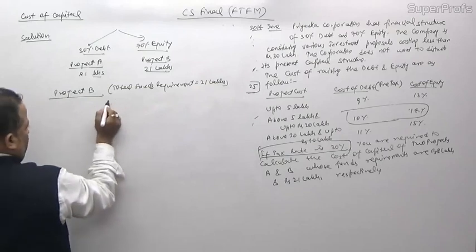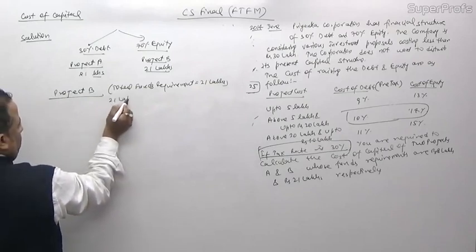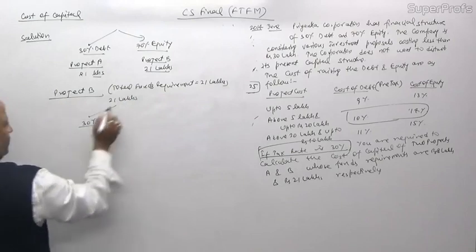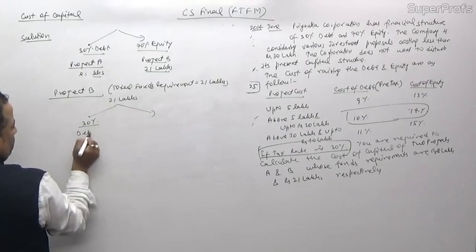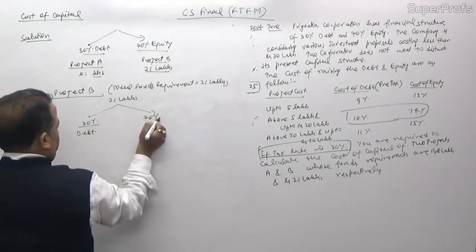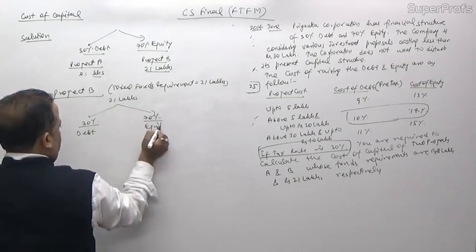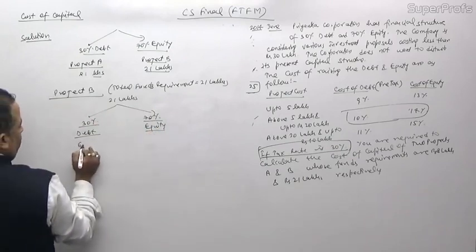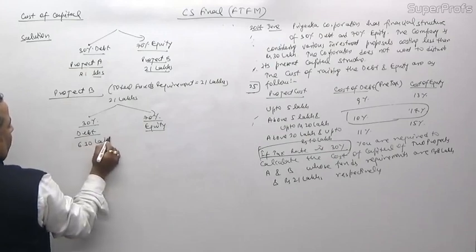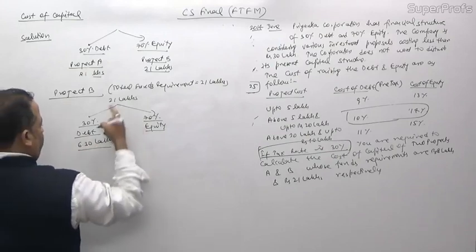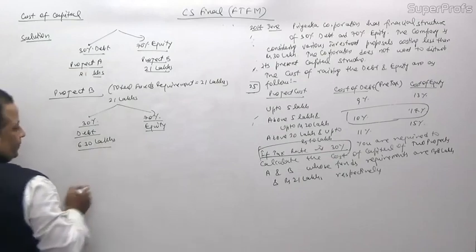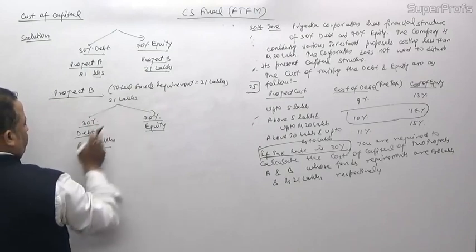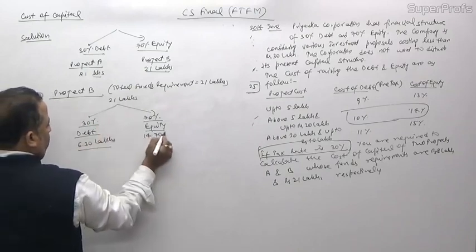Out of 21 lakhs, 30% is from debt and 70% from equity. So 30% of 21 lakh is 6.30 lakhs, and 70% of 21 lakh, that is 21 minus 6.3, is 14.70 lakhs.